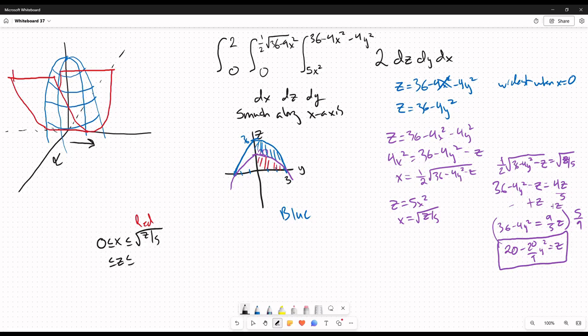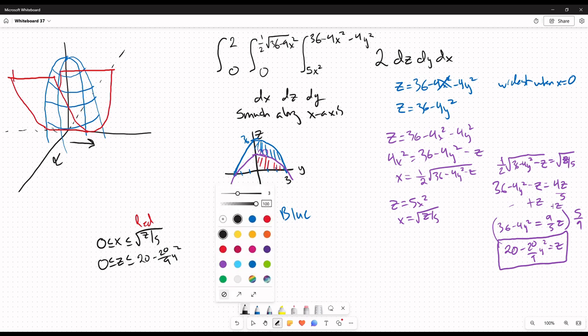So what's z going between? Z is going between 0 in this red region and this intersection line, which in this case is 20 minus 20 over 9y squared. And then we'll do one last smush.